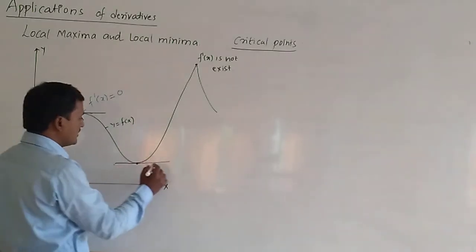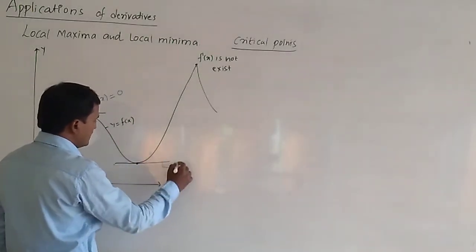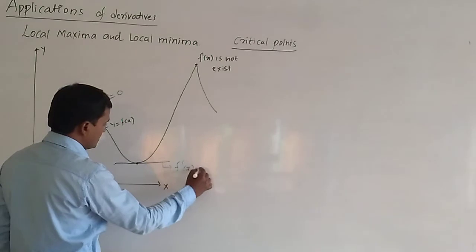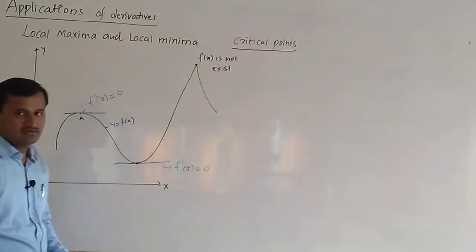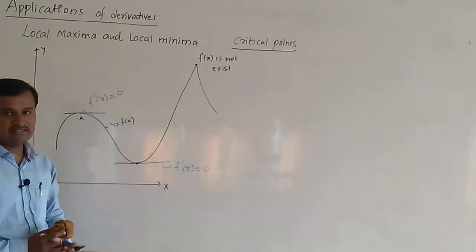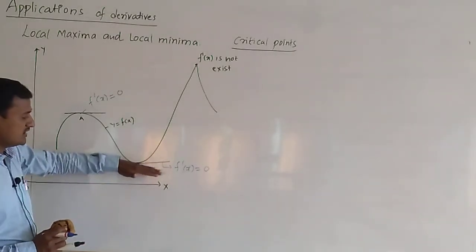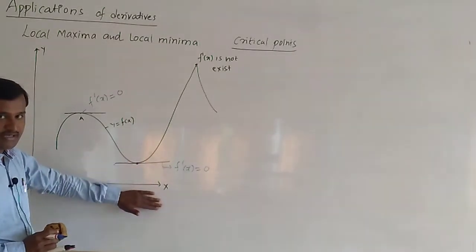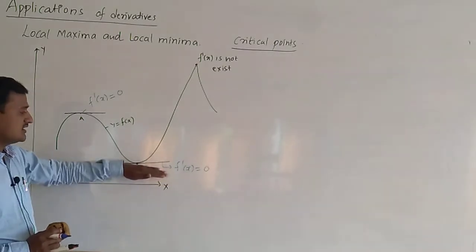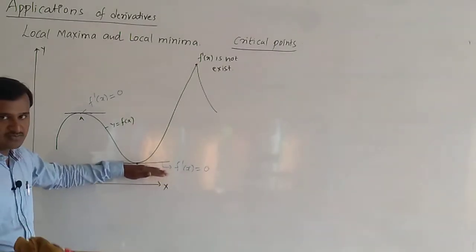And here I have taken one more tangent, so again here also f dash of x equals 0. If the tangent is parallel to the x axis, the slope of the tangent becomes 0.